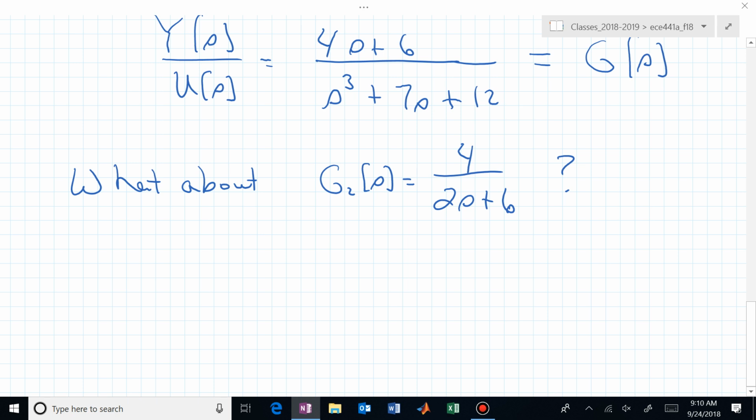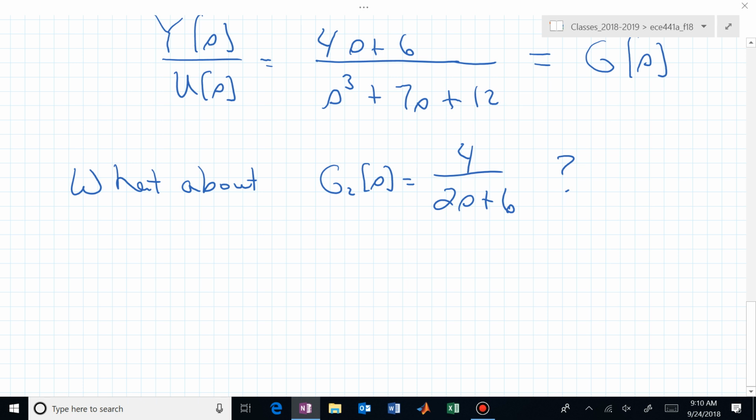It is not monic, is it? We haven't factored out that coefficient to normalize it to 1. And that kind of messes things up. So it allows us to be more consistent if we force that denominator to be monic.